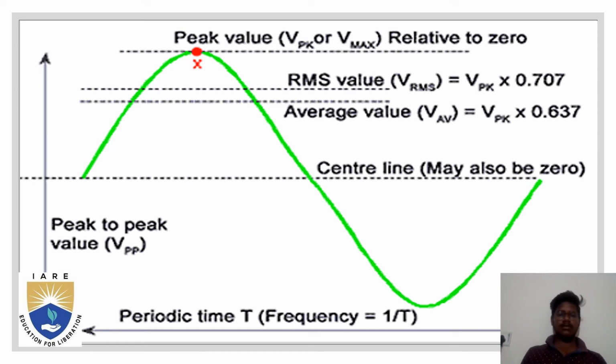On this graph we can see the peak-to-peak value and RMS value, where Vrms is equal to V peak times 0.707, and the average value is equal to the peak value times 0.637, and the origin is 0, and the peak value is the maximum value.